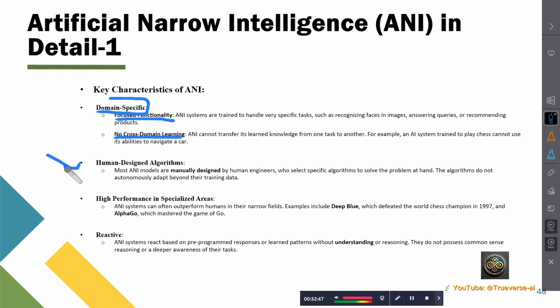But AI itself does not change its approach unless reprogrammed by a developer. This is the point. When we reprogram, that is the issue. So this is not fully autonomous. So this is limited. So human-designed algorithm, manually designed, with high performance in a specialized area.